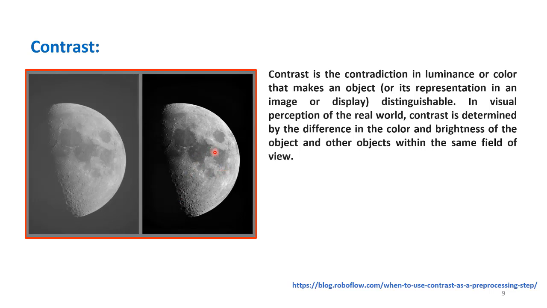So contrast plays a very crucial role in microscopy. It is basically a contradiction in luminance or color that makes an object distinguishable. In visual perception of the real world, contrast is determined by the difference in the color or brightness of the object and other objects within the same field of view. So in the same field of view, we can see that there are some creases present on the surface, and because of the contrast, we are able to differentiate these objects.